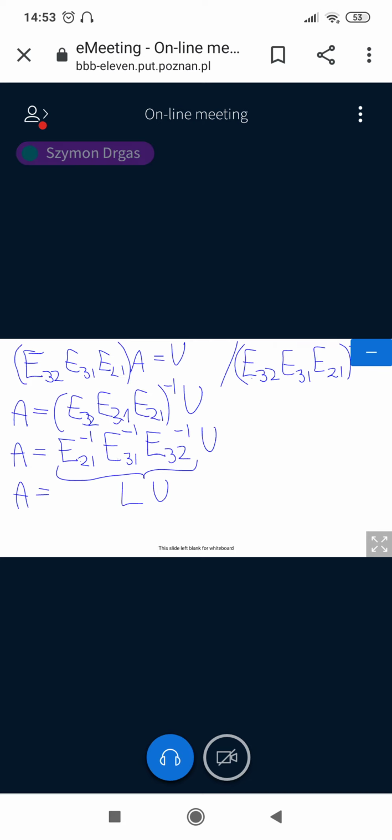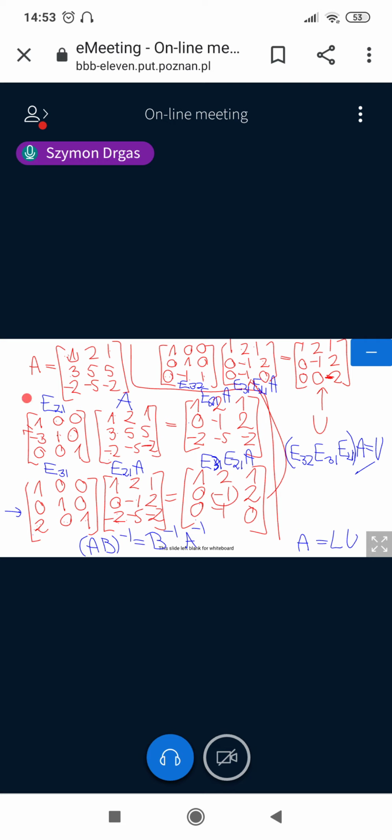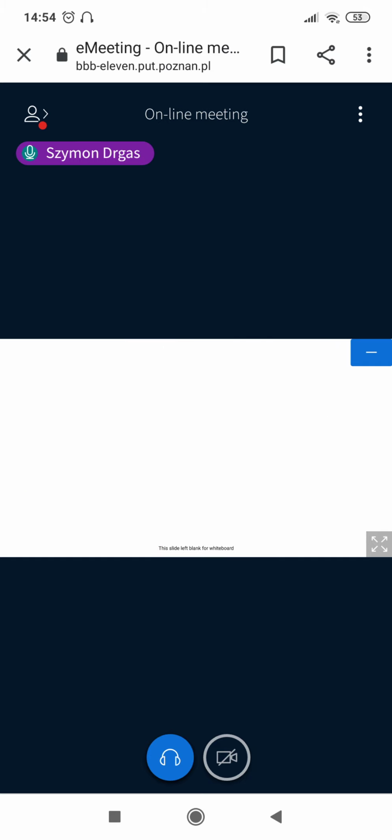So now we have to use E21, E31, and E32, these three elimination matrices. E31 has ones on the diagonal.